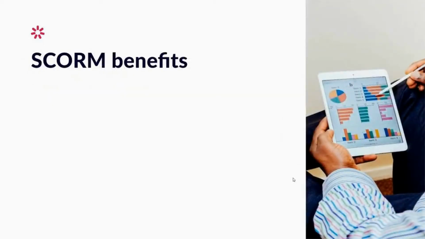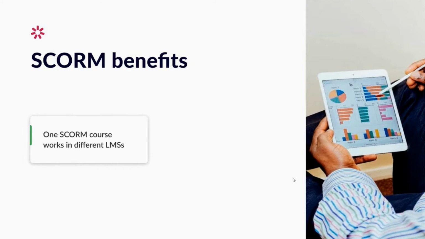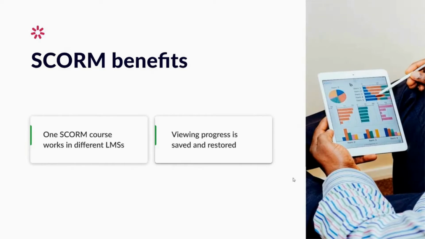Here are the benefits of the SCORM standard over others. The first one is compatibility. Almost any learning management system will recognize a SCORM course. Saving progress. A student doesn't have to go through the whole course at once. User progress is saved and restored when they get back. The feedback.